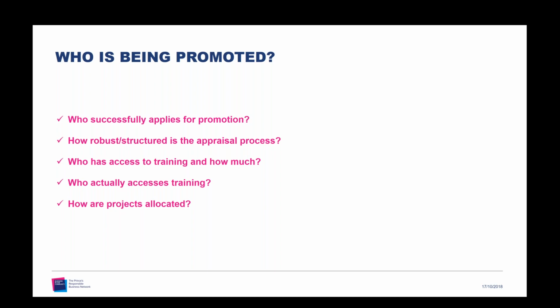So I just wanted to add this, and also looking at project allocation, just to give an example of a way in which you can remove bias. There is a firm with whom we've been working that has implemented an allocation software, so that basically employees can enter the information, for instance, their skills, what they're interested in, and instead of having a partner giving them work, because we know male partners are more likely to give work to male associates, for instance, it will be the software doing it.